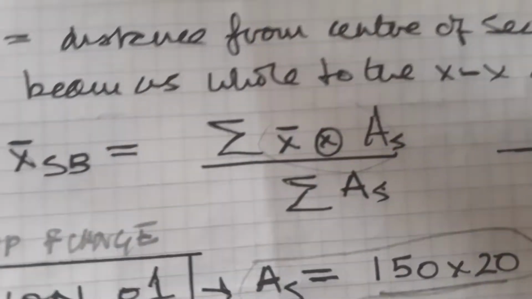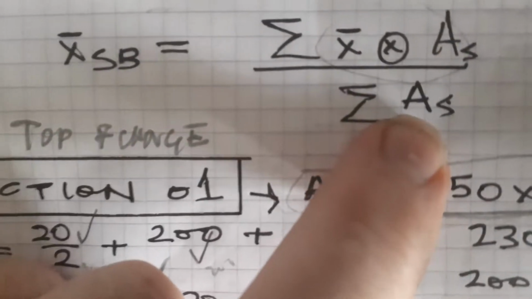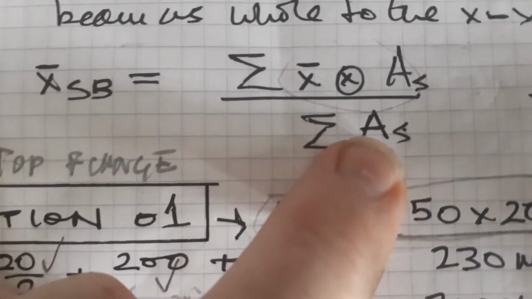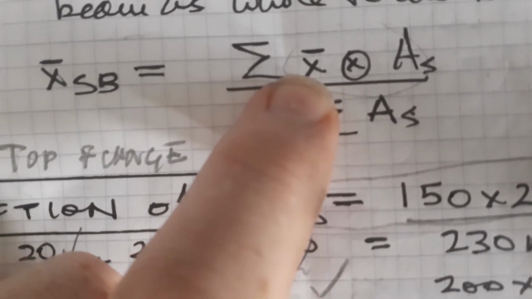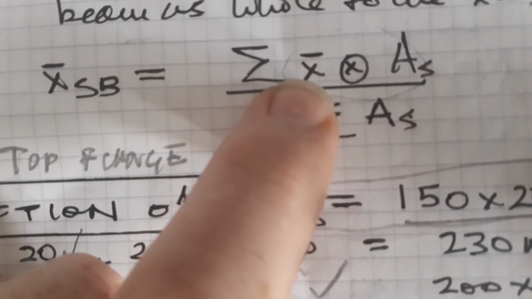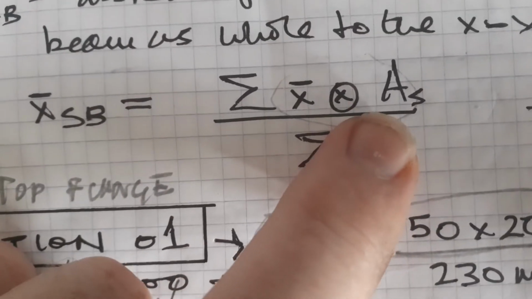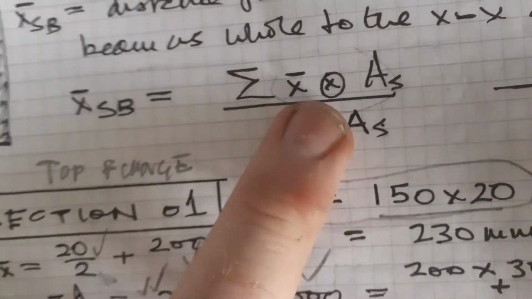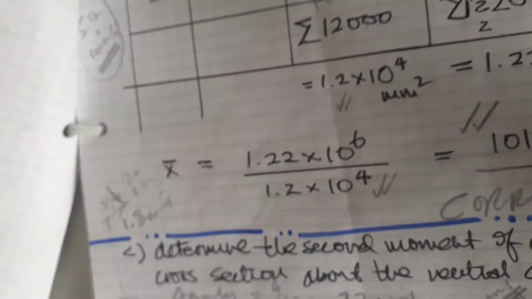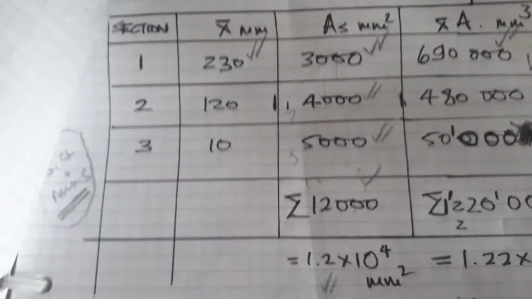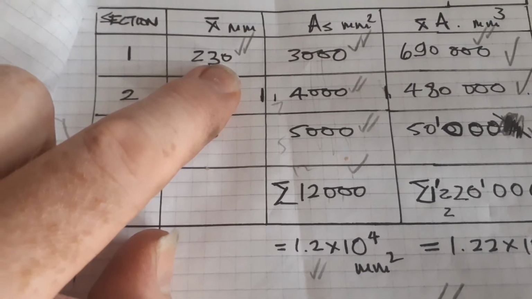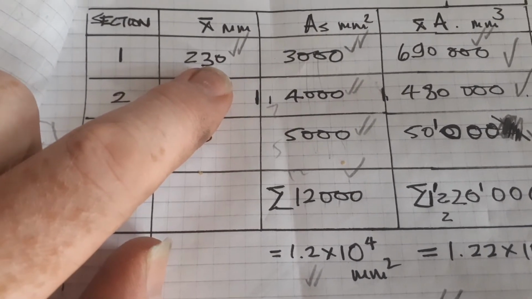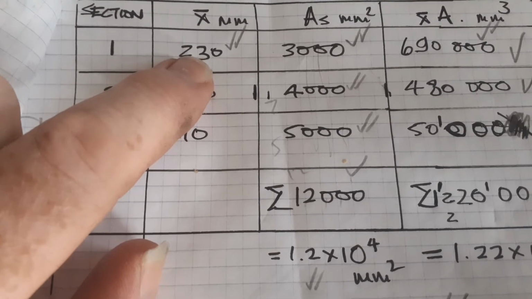Now we've found all the values: the area values over the 3 sections, and the x bar, the distance of each piece from the x-axis. All we've got to do now is make a table for the 3 parts. Section 1, x bar equals 230, as I said, that was 20 plus 200 plus 20 over 2.